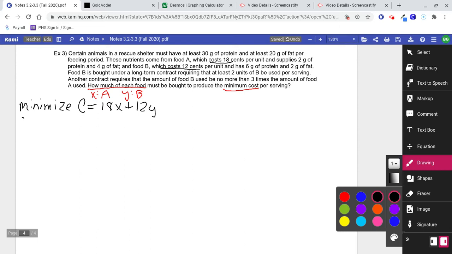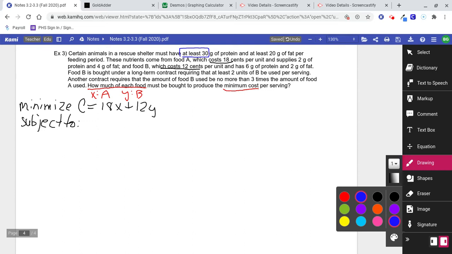Now we talk about the constraints. So, subject to, and we go look for inequalities. When you see something like at least 30, at least 30 tells me an inequality. Am I talking about numbers like 28 or numbers like 32?